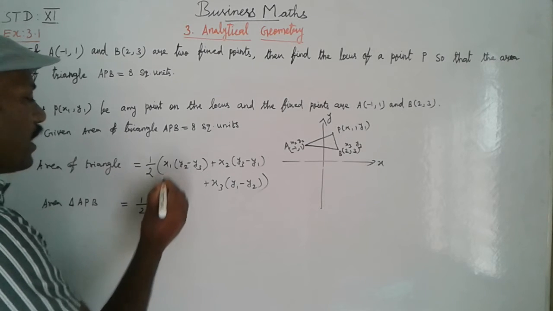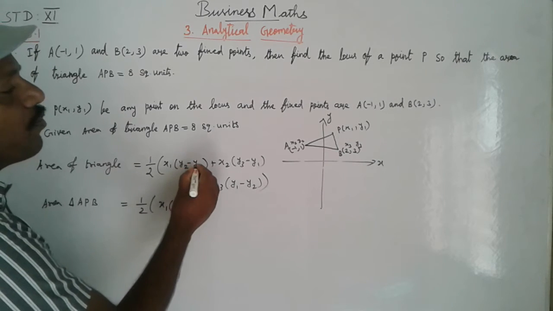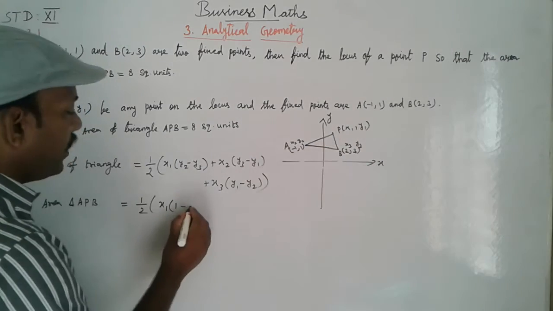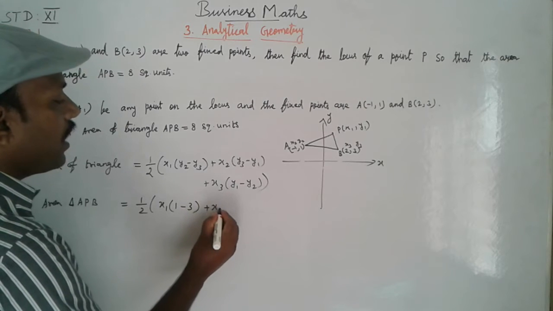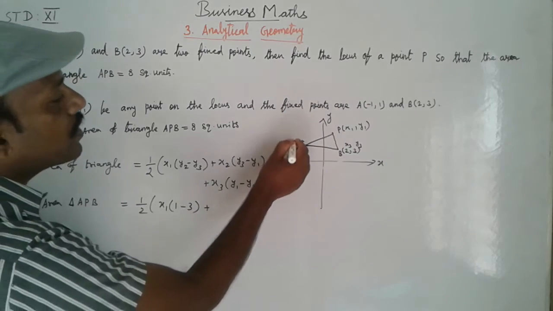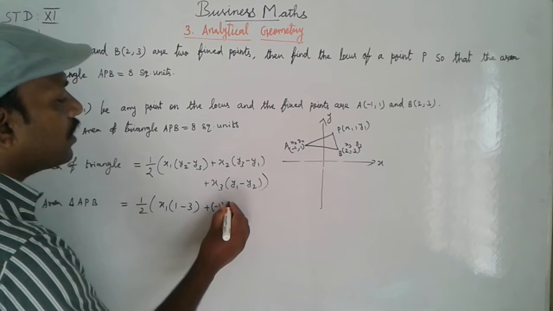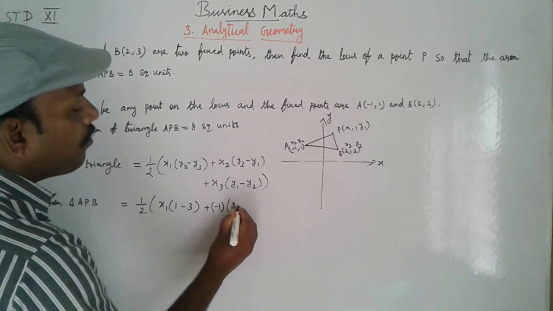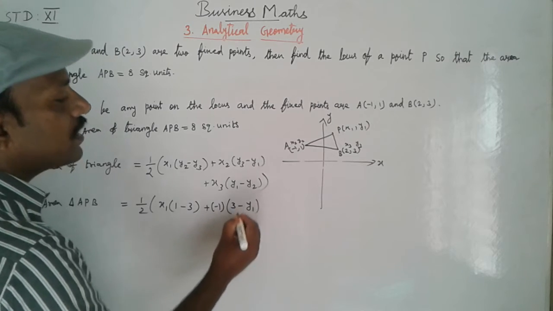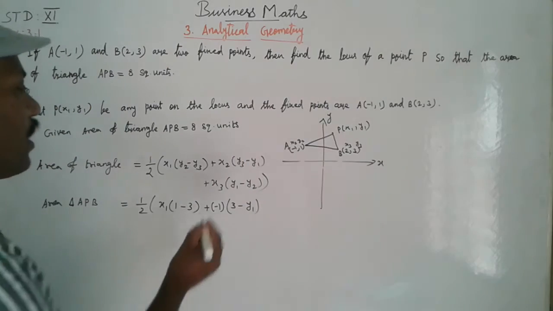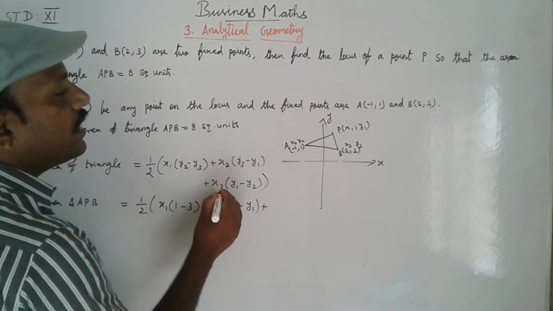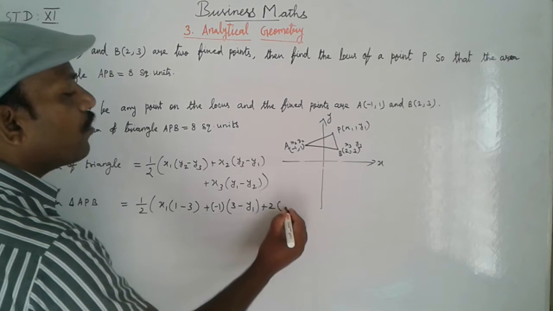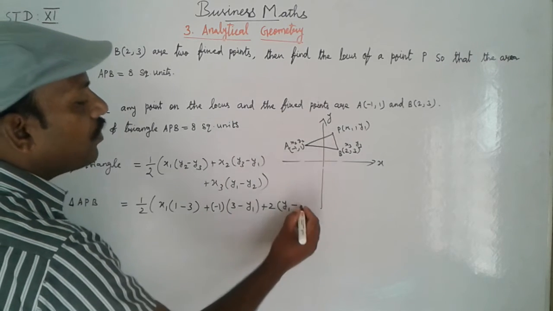We should substitute x1 into (y2 minus y3), y2 is 1, y3 is 3, 1 minus 3, plus x2 value, x2 is minus 1, into (y3 minus y1), y3 is 3 minus y1, we should write the same way. We don't know that value. Plus x3 value is 2 into (y1 minus y2 value 1).